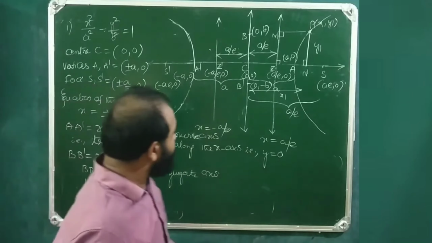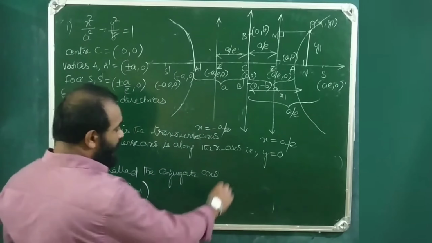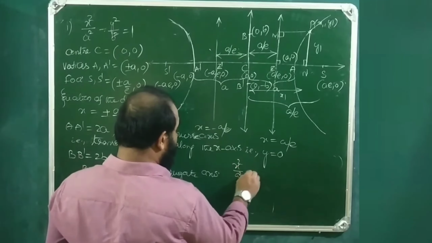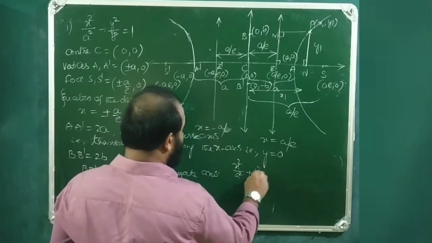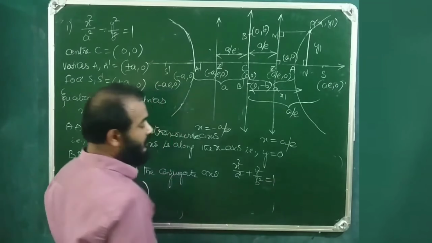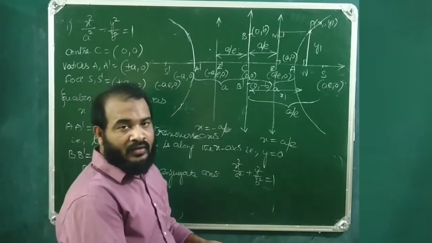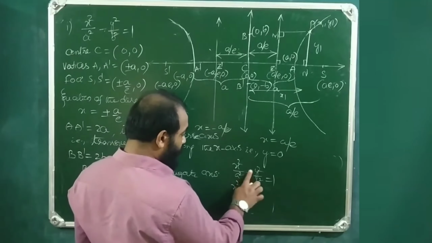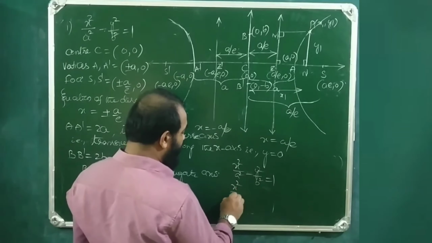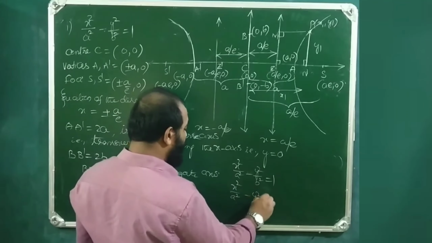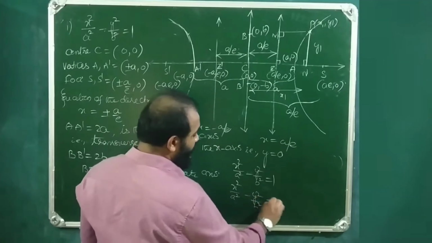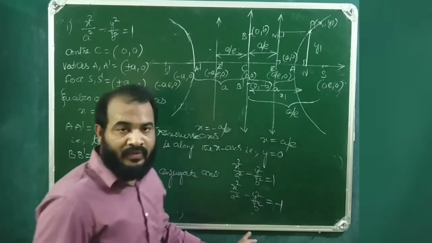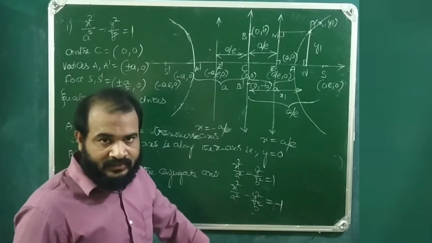So now the equation x square by a square minus y square by b square is equal to minus 1, obtained by rotation of axis.